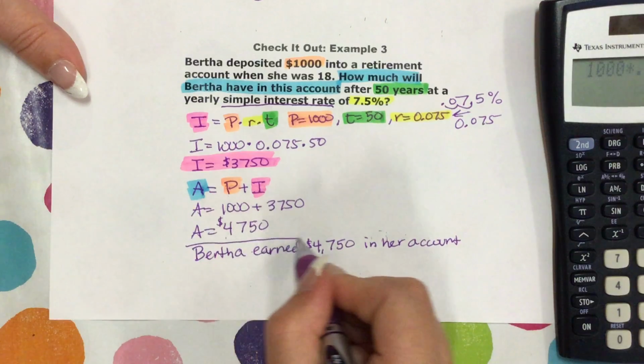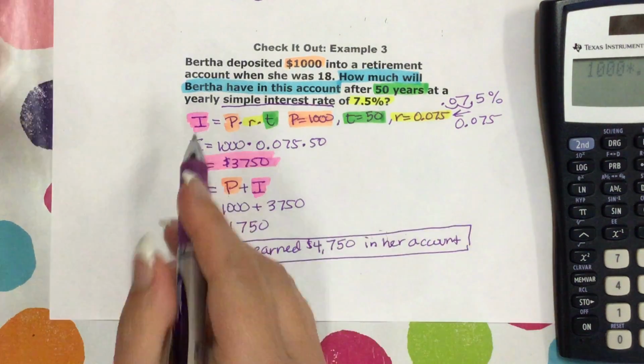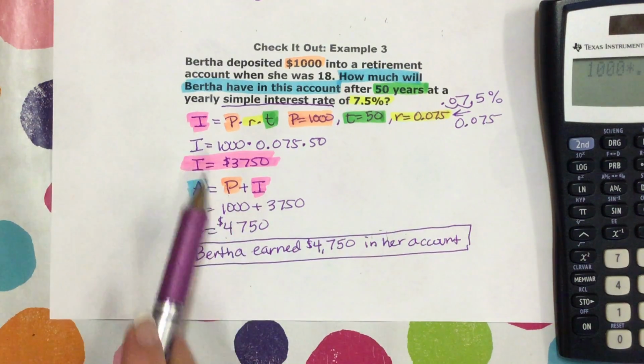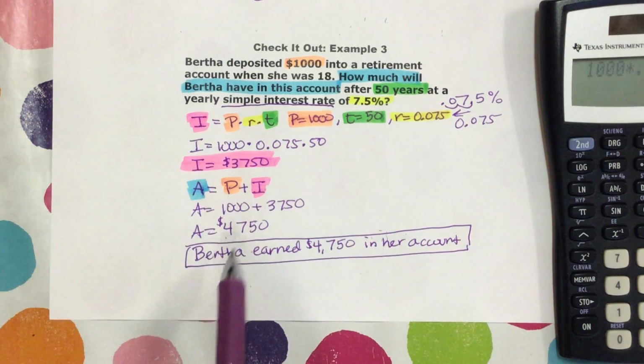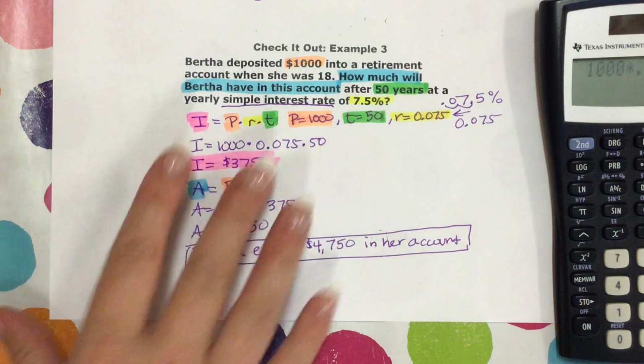And if you got that one right, great job. But make sure that you showed your work. If you didn't show your work just like this, you need to go ahead and revise so your work looks just like this. Okay, let's move on to example number 4.